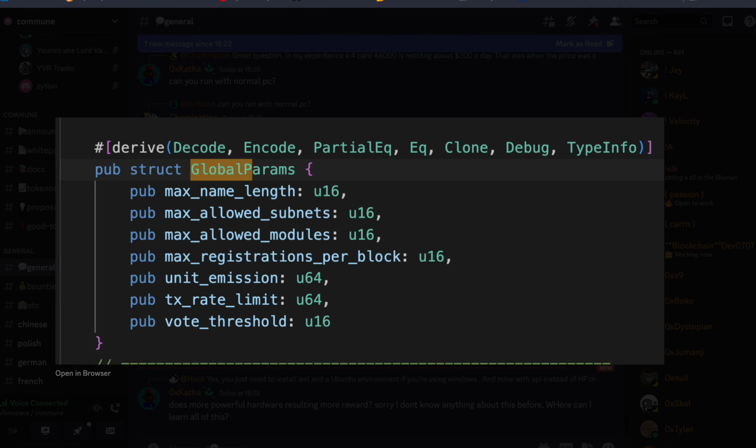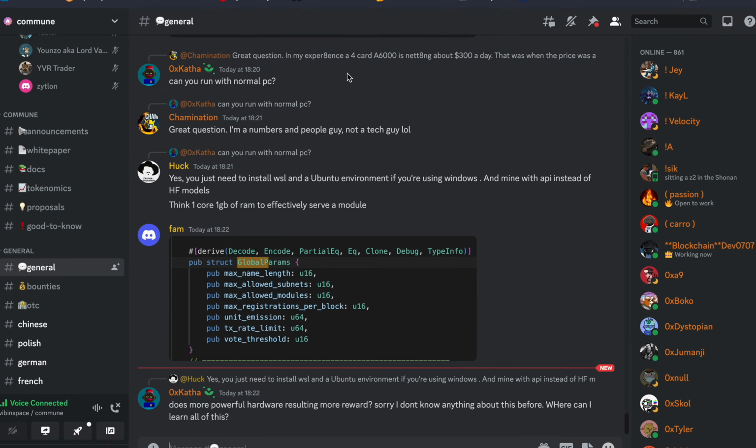Does the more powerful hardware result in more reward? Yes. So how it's going to work is each module is going to advertise its ability, like its GPU and CPU access.